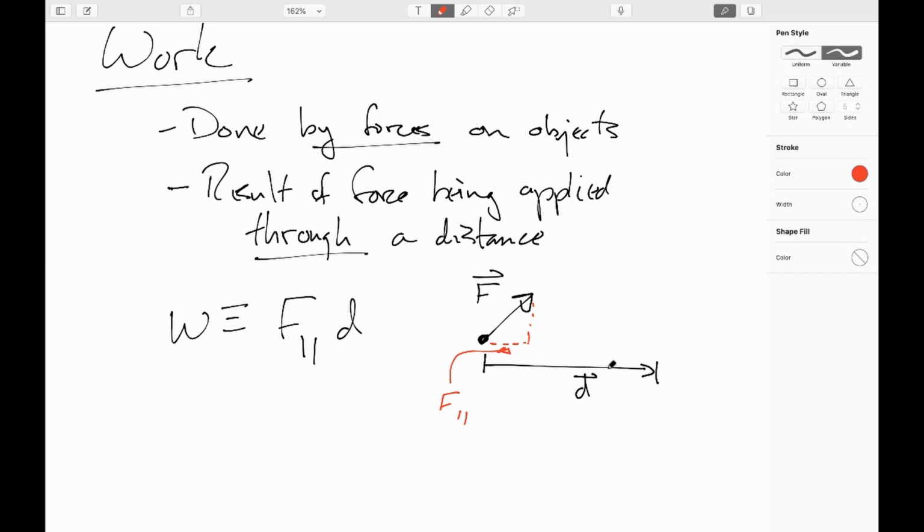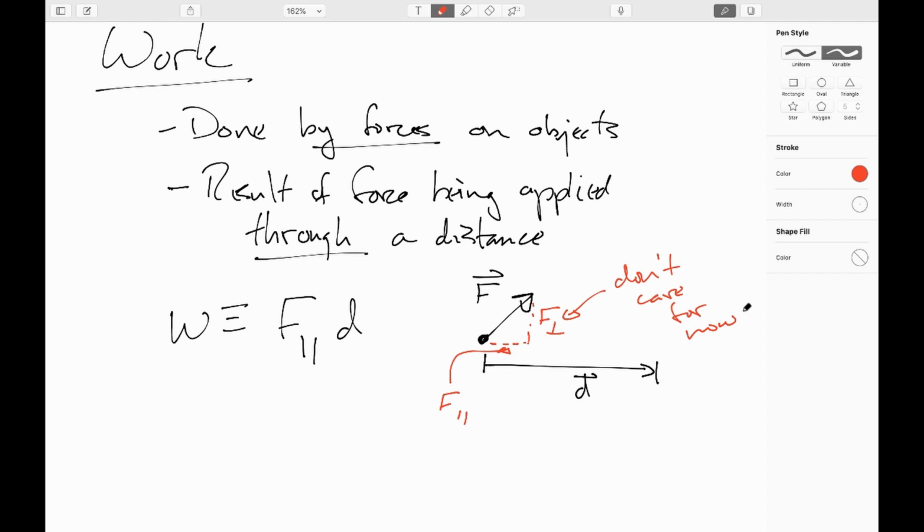Perpendicular components of a force will be responsible for changing the direction of a thing, but not the speed. So we won't care about these for now. Later, when we get to rotational dynamics, we'll worry about those.